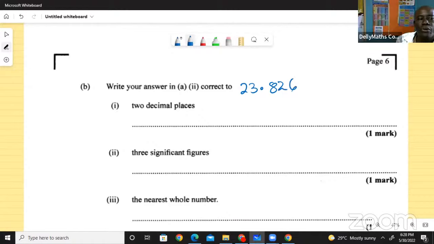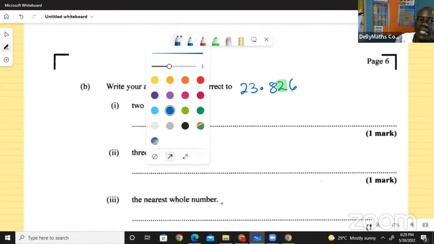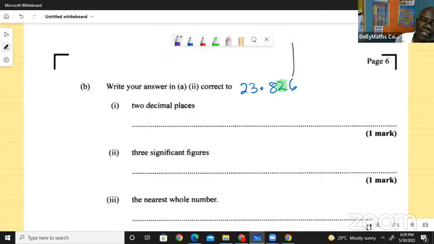We're going to write that correct to 2 decimal places. Remember though, when you're doing 2 decimal places, this number 2 is occupying the second spot. As soon as we have identified the digit that is in the spot, the next thing we want to do is look at the number to the right of it. And that number is a 6.